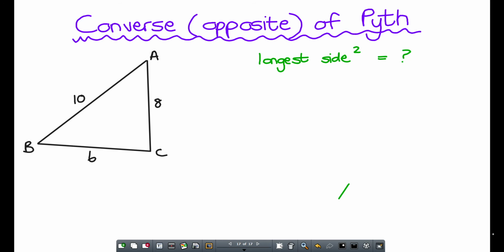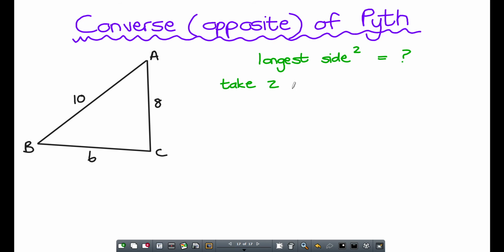Then between the 10, 8, and the 6, which one will be the longest? 10. Okay. Right.